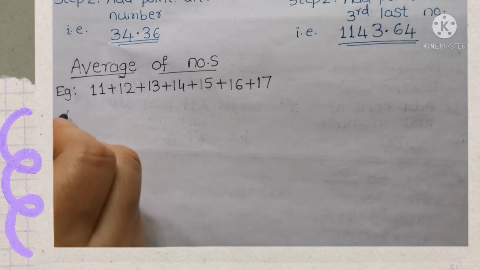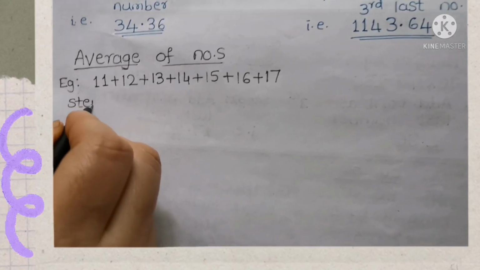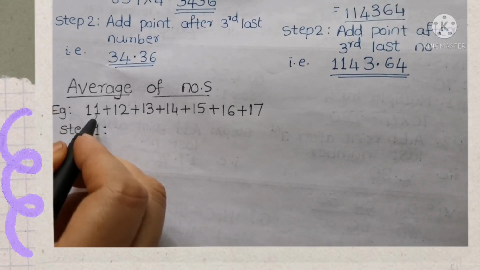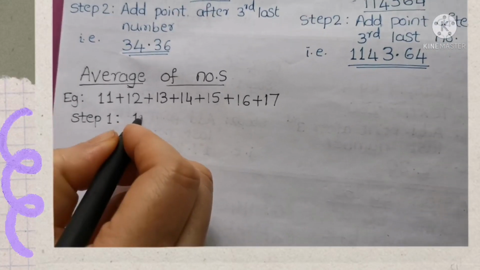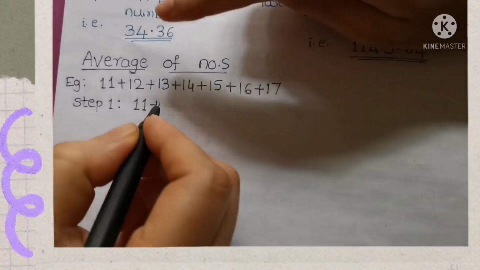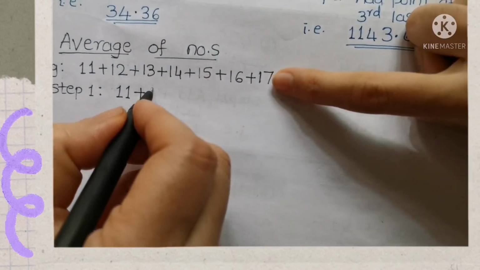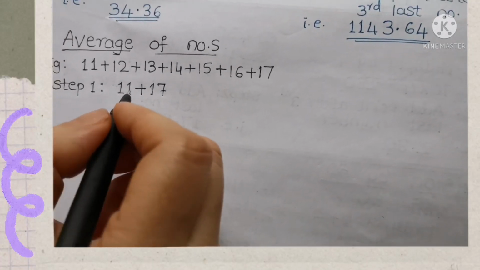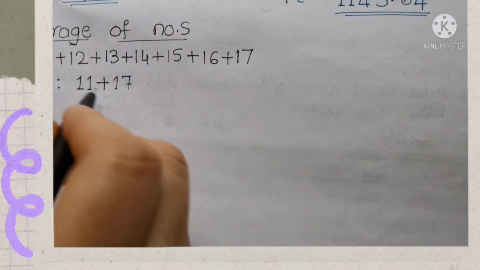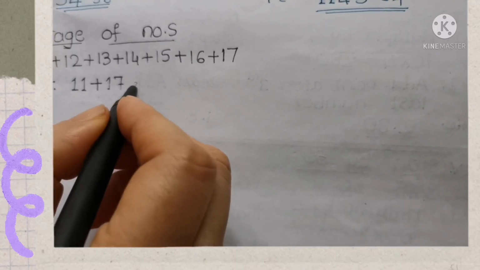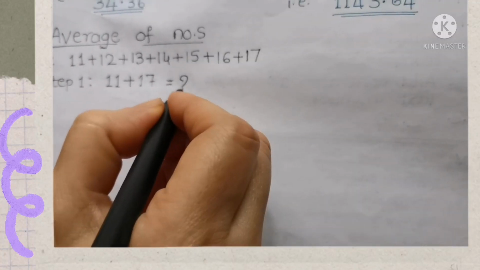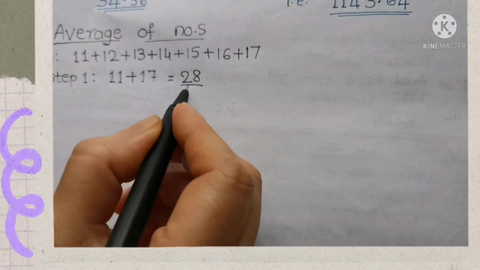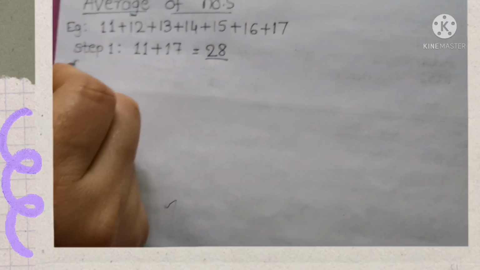Our first step is that we have to add 11 and 17. That means we add our first number, 11, and our last number, 17. Adding both of these numbers, we get 28.